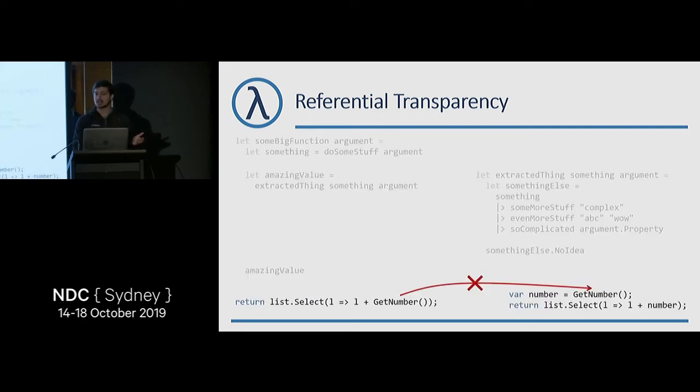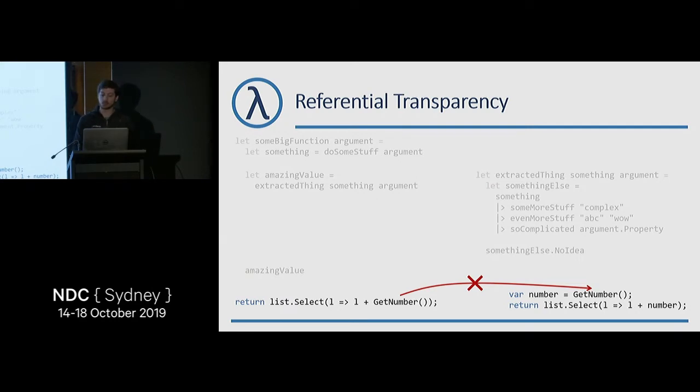We're doing a select off of a list, and we're adding the result of calling getNumber to each list element. If we do a little refactor and we extract the call to getNumber out and give it its resultant name, we have no guarantee that we haven't changed the behavior of this code. This is because we don't know if getNumber returns the same value every time because it's impure. If it returns something different, we've just broken this code.